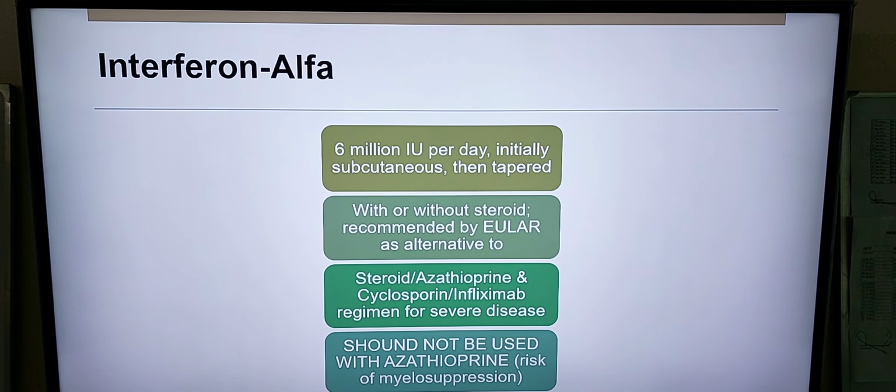So another alternative has also been postulated for the management, which is 6 million international units per day, initially subcutaneous, then tapered, with or without the use of steroids. Interferon alpha can be used as an alternative to the previously discussed two regimes. But one thing should be kept in mind, that interferon alpha should not be used with azathioprine because of the risk of myelosuppression.